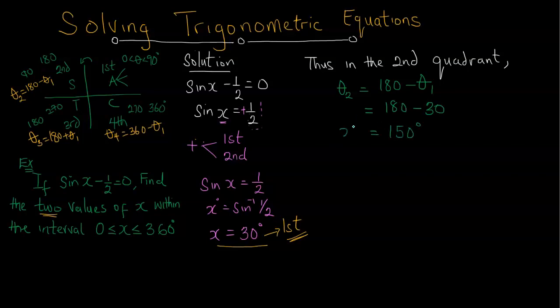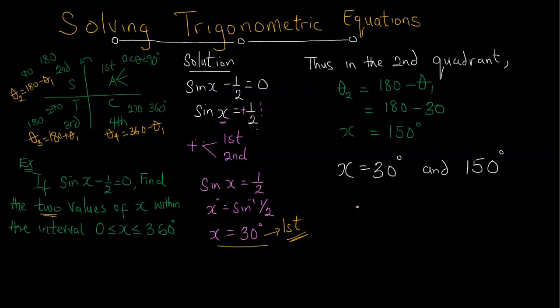So this is x, the second angle. Thus, we can see that the solution of this equation, sine x minus 1/2 equal to 0, is x equals 30 degrees and 150 degrees. And we can check this against the equation.